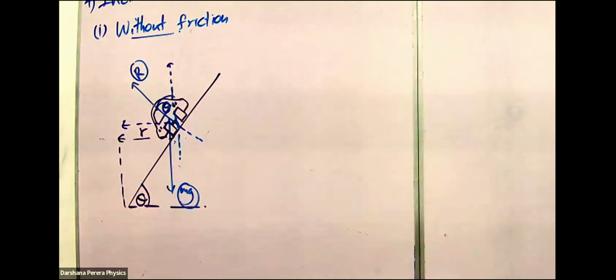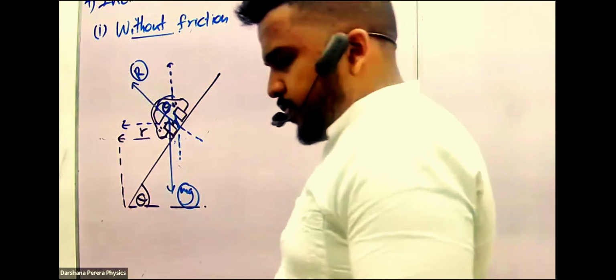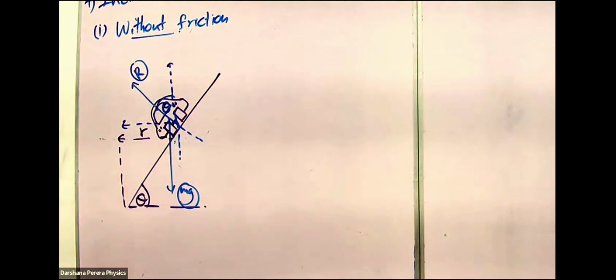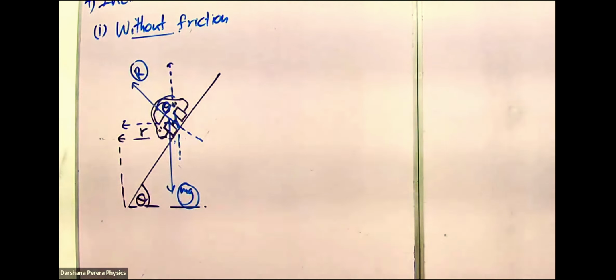Centripetal force which is required to maintain the circular motion is provided by the frictional force, or provided by the reaction force between the road and the vehicle.